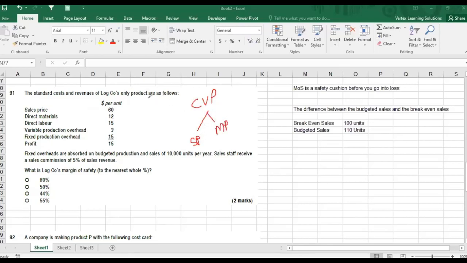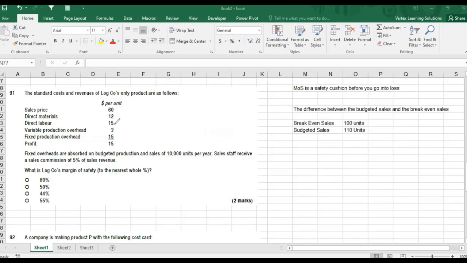Right now it says only product, so it is a single-product break-even. Multi-product break-even looks difficult and complex, but once you understand the logic, this also is easy. In the beginning it looks challenging; you just need to understand how to handle the multi-product. This question is for a single product.